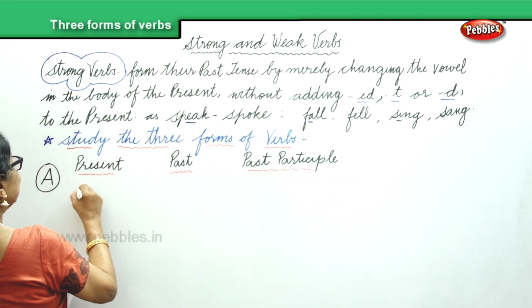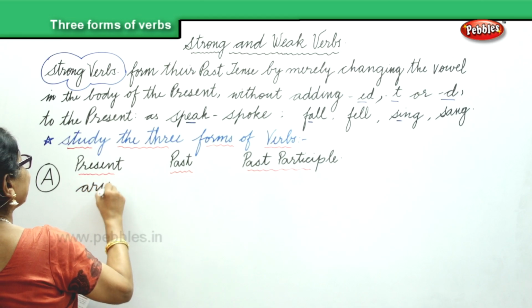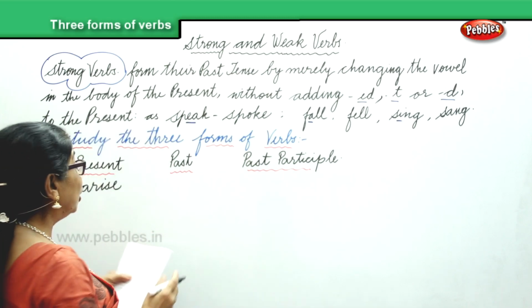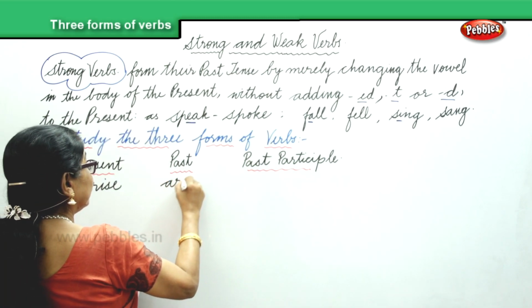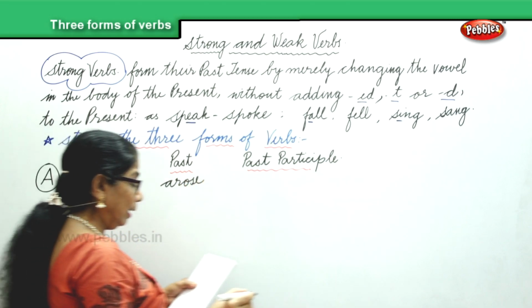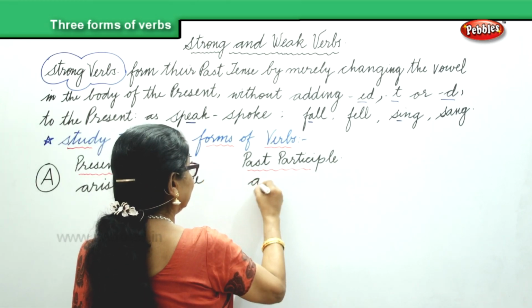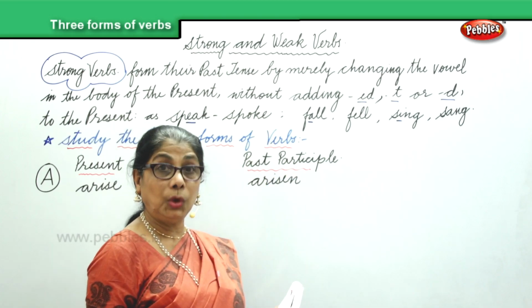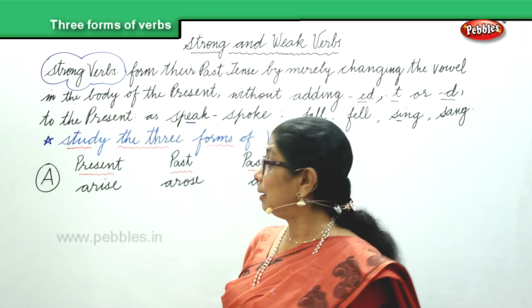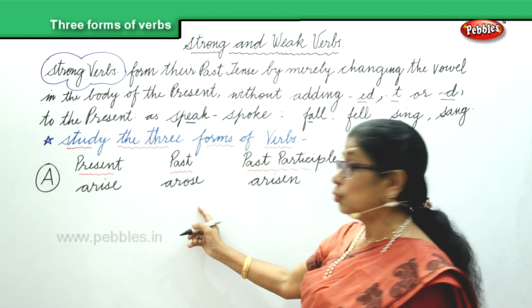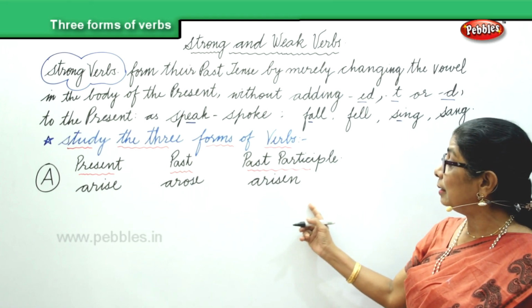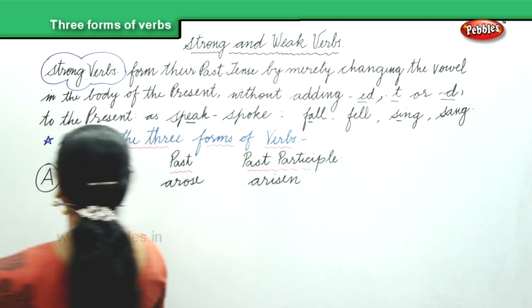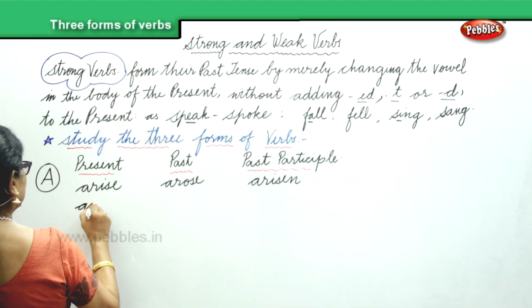Now, the first word I have is arise. That's the present. Arise, arose, and arisen. The sun arises; the sun arose at 6 o'clock; the sun has risen. Next, awake.